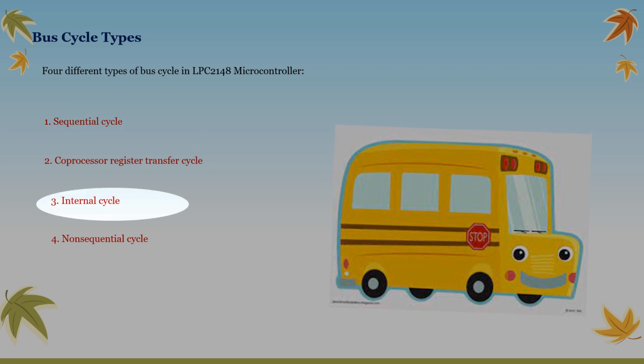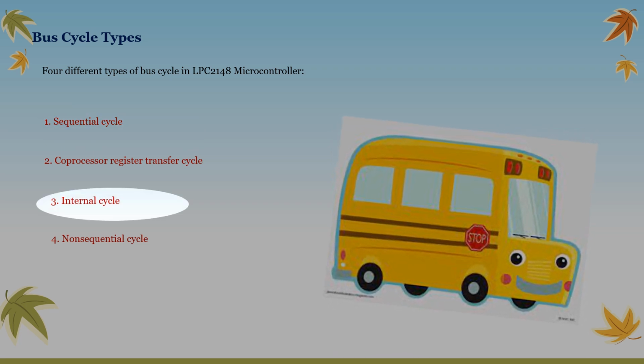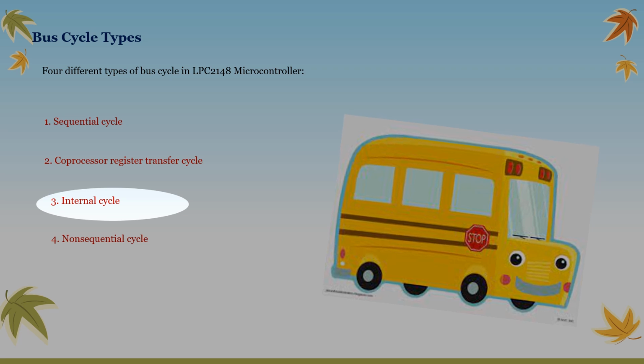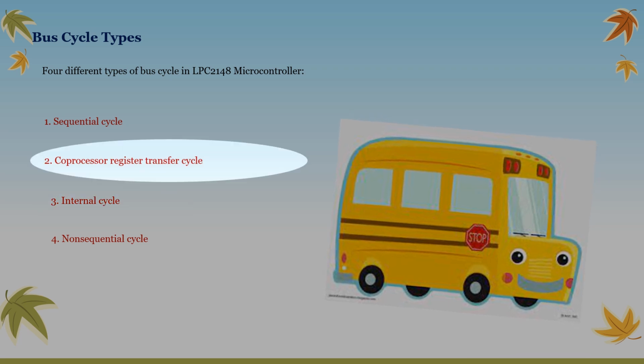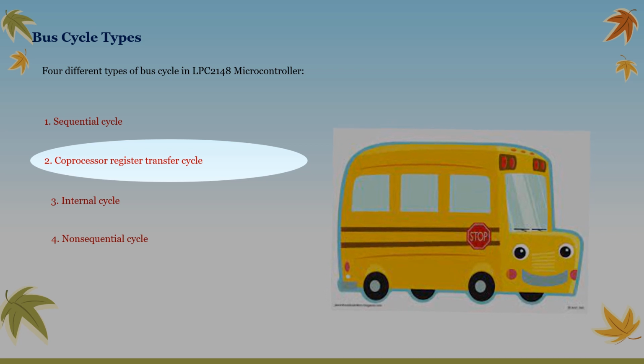An internal cycle does not require a transfer, because it is performing an internal function, and no useful prefetching can be performed at the same time. A coprocessor register transfer cycle uses the data bus to communicate with a coprocessor, but does not require any action by the memory system.